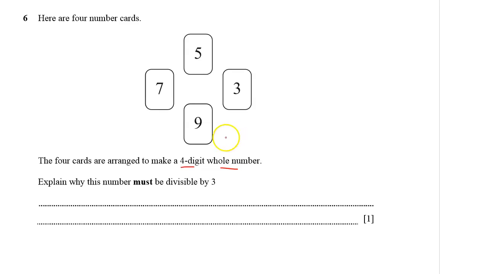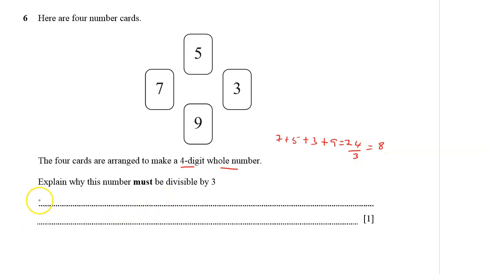This number will be divisible by 3 because if you sum up all these cards, you take 7 plus 5, you get 12. 12 plus 3, you get 15. 15 plus 9 gives us 24. 24 is divisible by 3 because if you divide 24 by 3, you get 8.